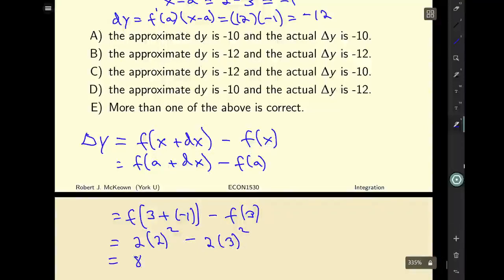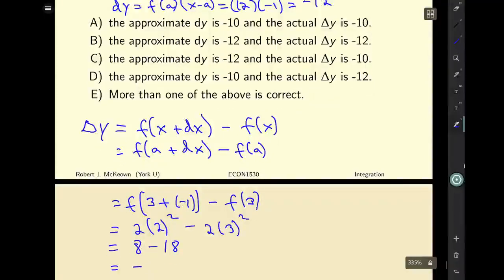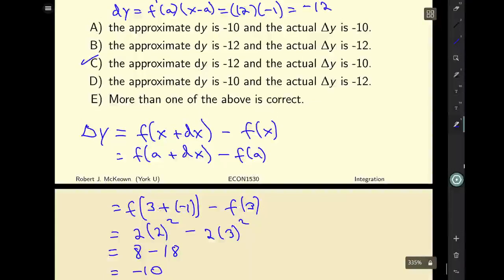So we end up with 8 minus 18, which equals negative 10. And so the correct answer is C. So we've got the estimate is negative 12 and the actual is minus 10.